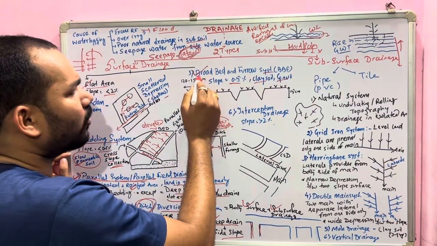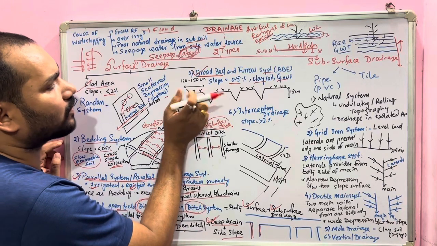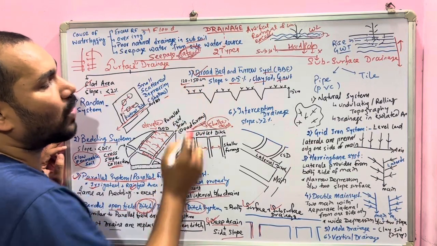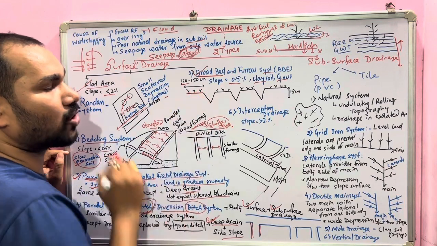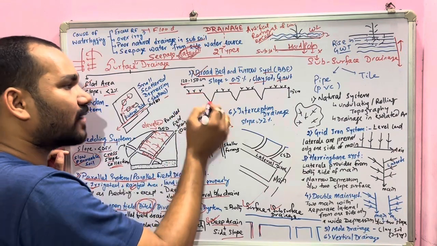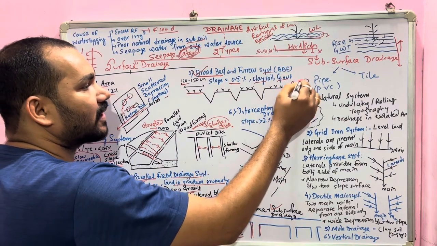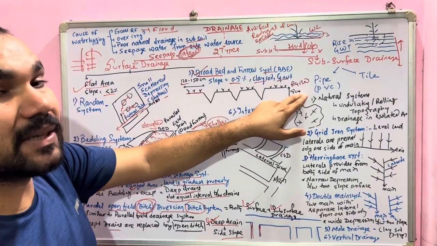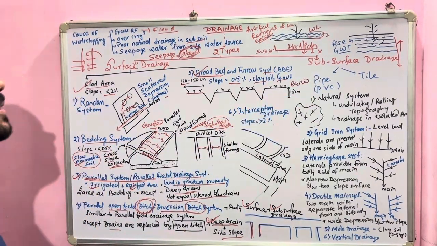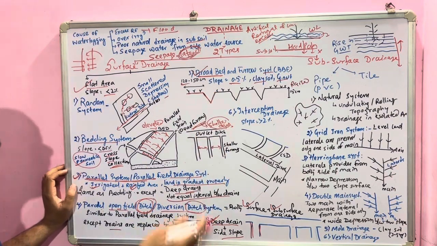Whenever we say broad bed, the bed width will be 120 to 150 centimeters, and over this bed you have to raise the crops. The bed is a raised bed, somewhat 15 centimeters high.